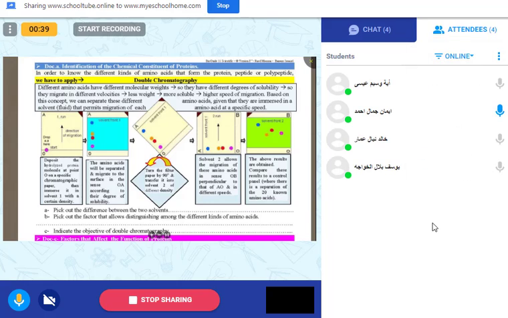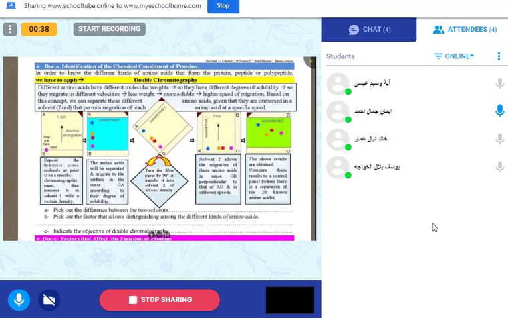Give me something that dissolves in water. Salt. Give me something that does not dissolve in water. Silver, oil. So not all substances dissolve in the same way. Some may dissolve more than others.